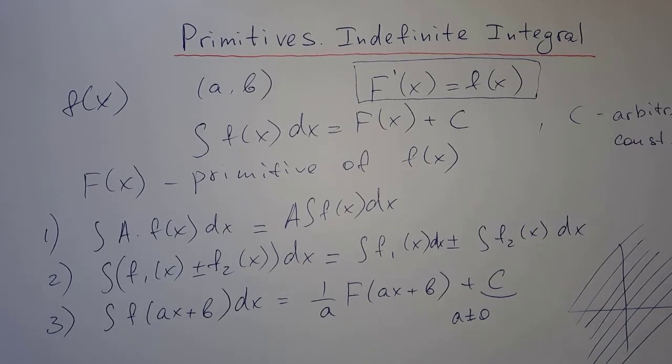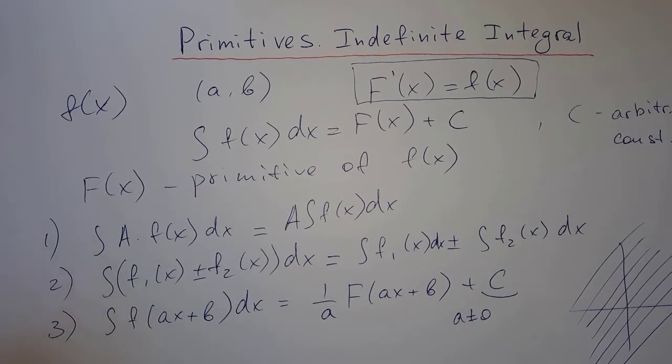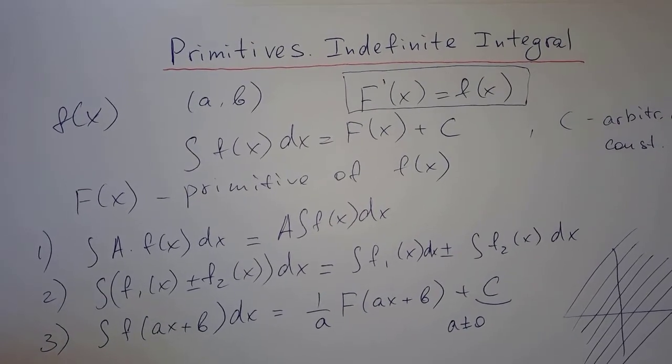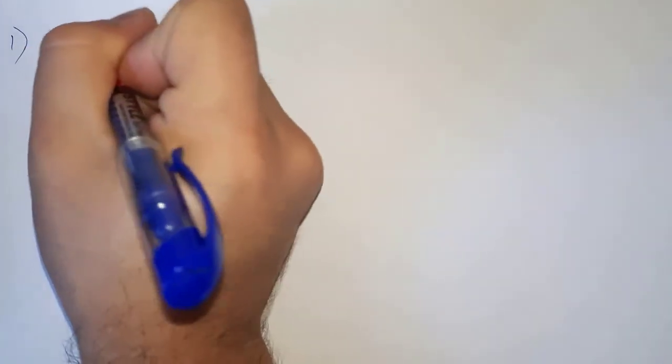So now let's give a table of standard integrals. We have the table of derivatives of elementary functions, and now we'll write here the table of standard integrals. So let's begin with the first one. It is the integral of x to the power of n dx, a power function.